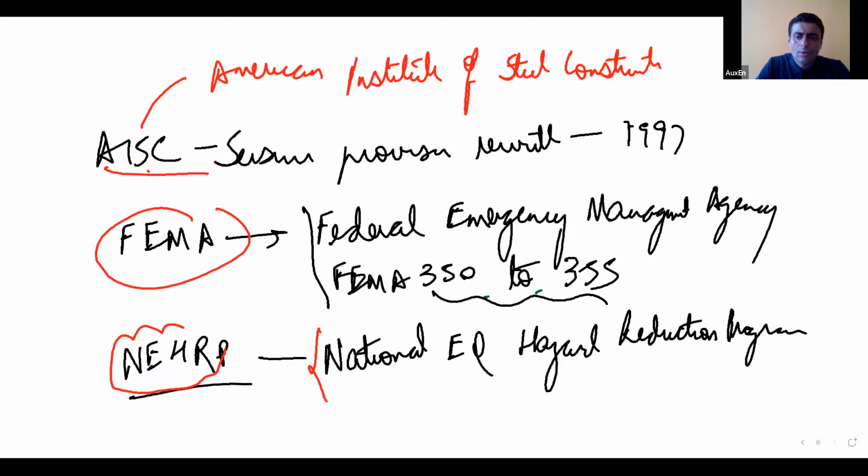All the concrete related codes in America are published by ACI, the American Concrete Institute. So any standard that is related to concrete is published by ACI, and any standard or code which is related to steel is published by the AISC.